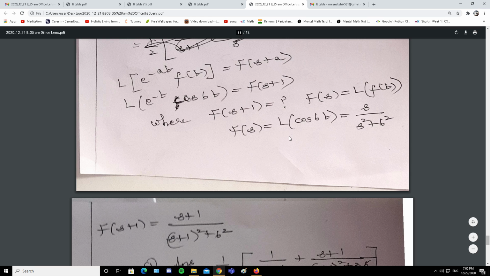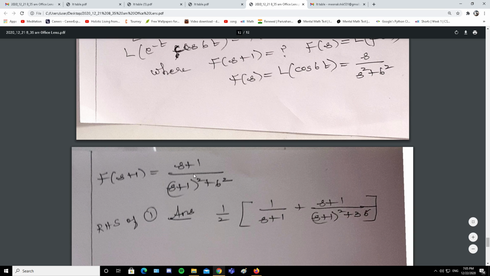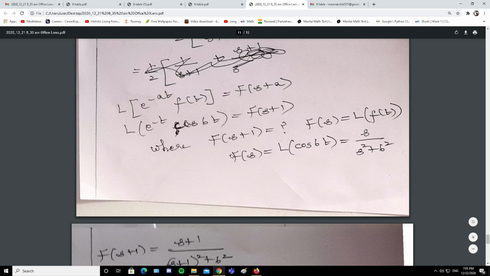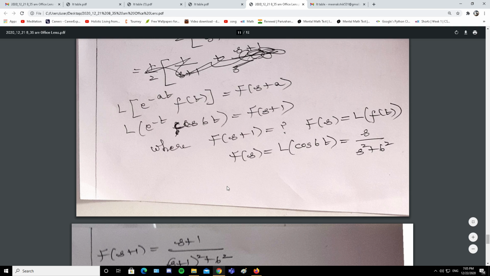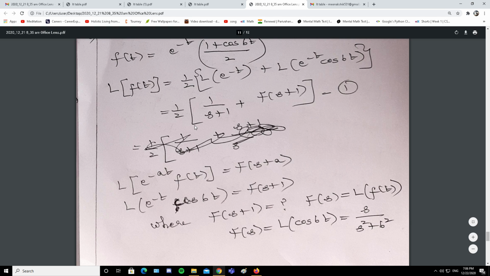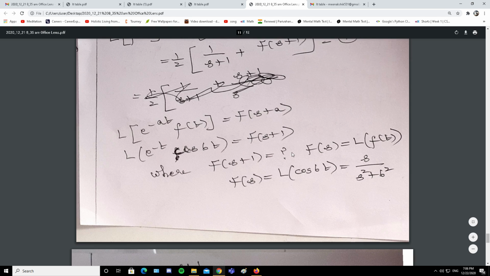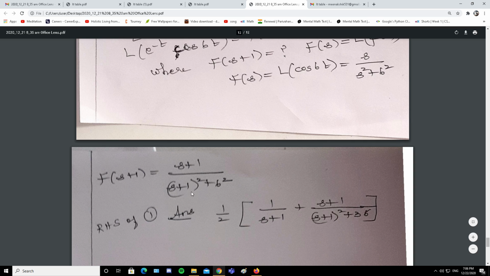Just replace s by s plus 1: s plus 1 by s plus 1 whole square plus 6 square. So what is the answer? Half of 1 by s plus 1 plus s plus 1 by s plus 1 whole square plus 6 square. That's what you have here.